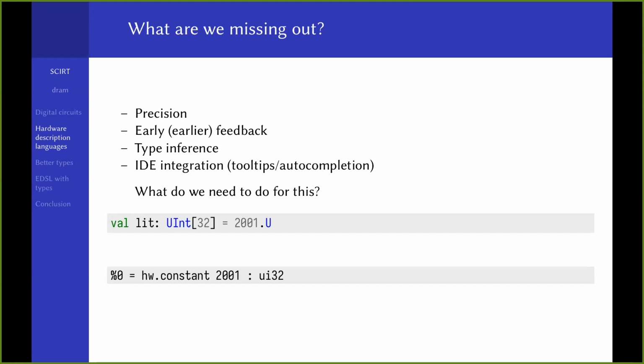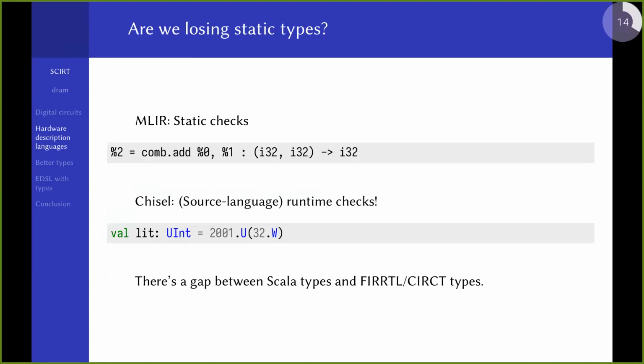In the previous example, we usually expect that for type inference, if we can say that this literal has type UInt of 32, we do not need to tell it again when we're constructing the literal that it's UInt of 32. It can be inferred directly.